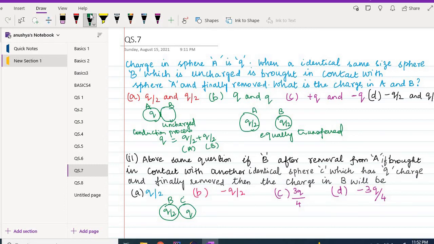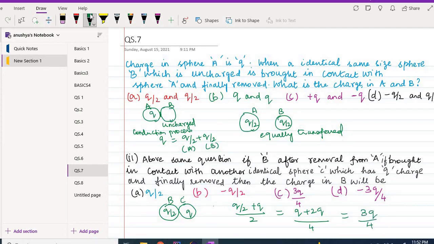Now what is the charge in B? Again it has to be equally transferred. Again, conduction process, equally split. So Q by 2 plus Q, divided by 2, gives Q plus 2Q by 4, which is equal to 3Q by 4.